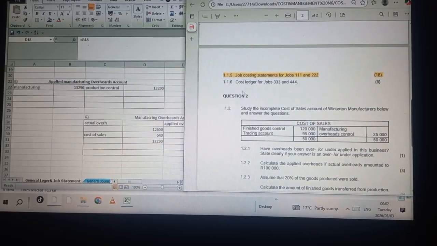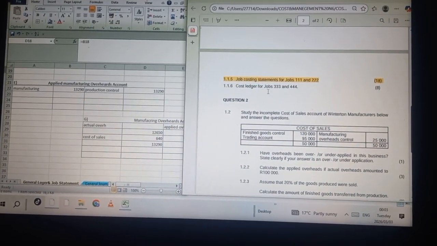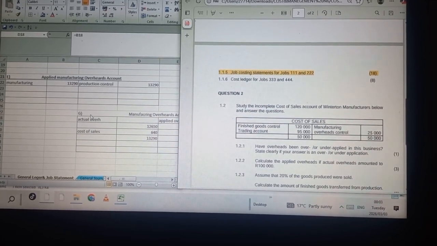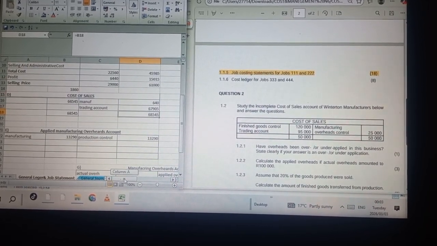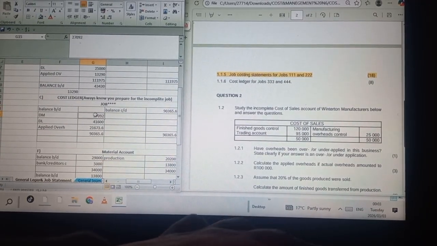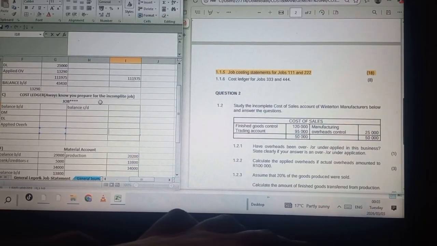1.1.6 says we should prepare cost ledger for 2 jobs, 333 and 433. So also it's easy. Save time.